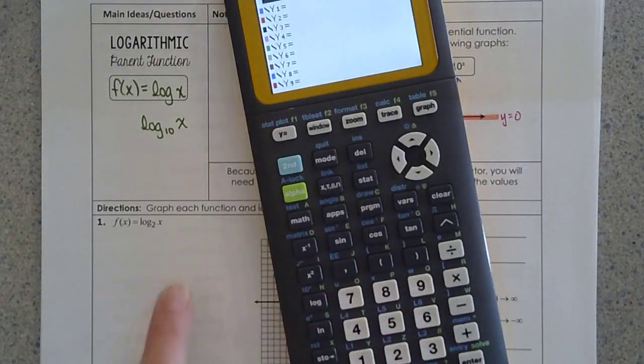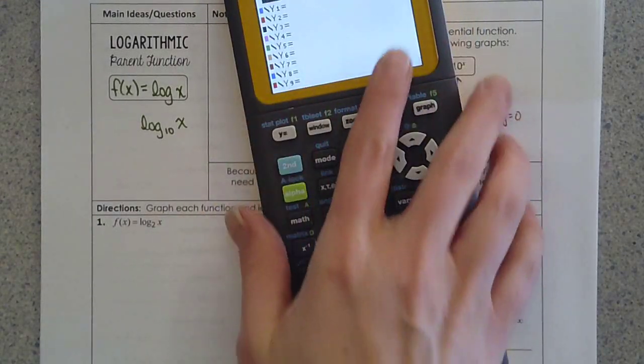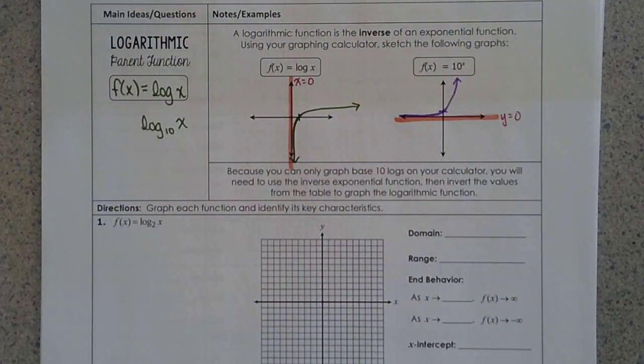So we can't actually type log base 2 of x into our calculator. We have to use a different strategy. And what we're going to do is find the inverse equation. Okay, so we're going to flop the x and the y, find the inverse equation and graph it, or make a table of points. Then we're going to invert those points. So there's kind of a roundabout way that we graph these log functions.